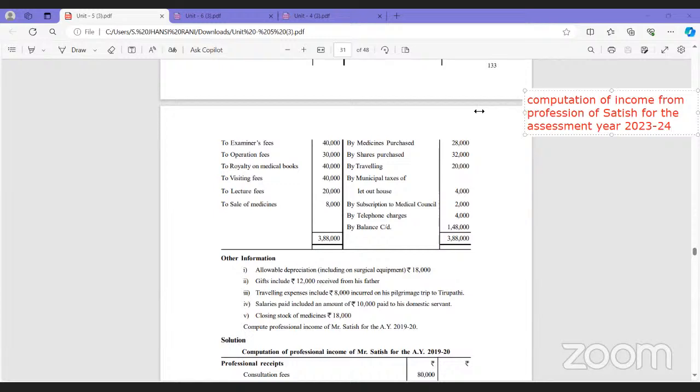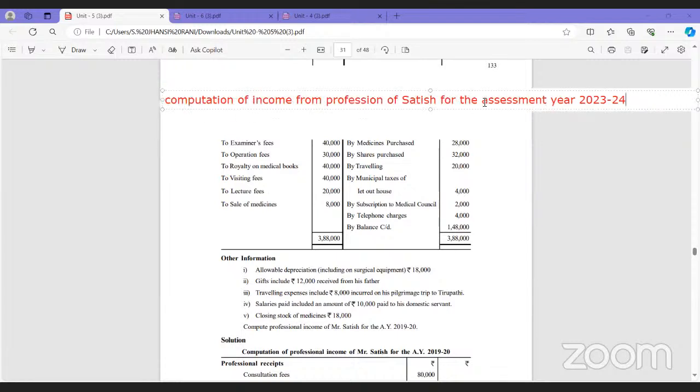This is the heading you have to write before you start the problem.